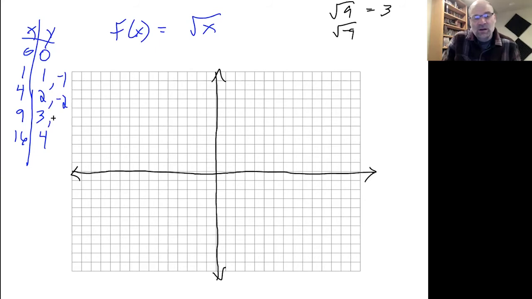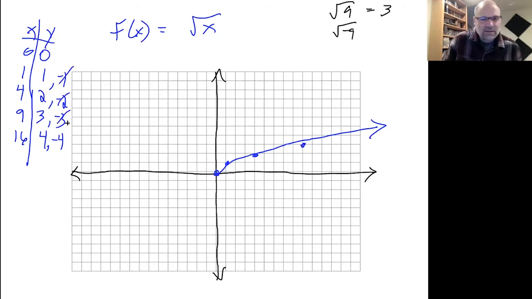But what's wrong with this? Why can't you have both? You guys know why? What's the rule of functions? You can only have one y value for every x value.